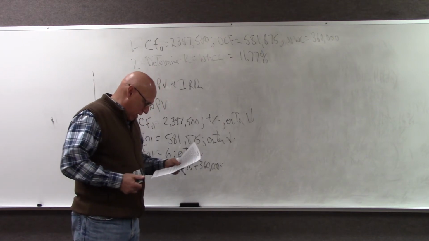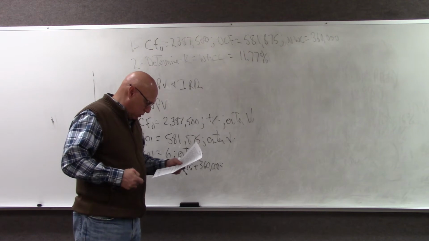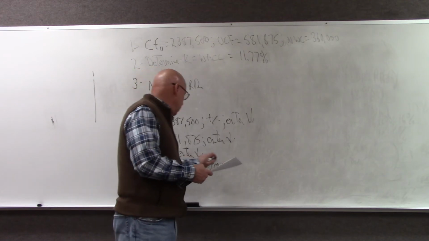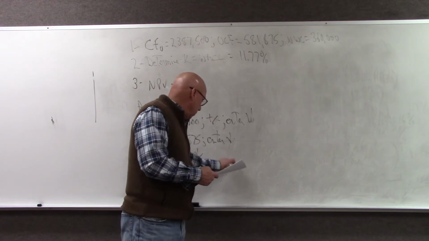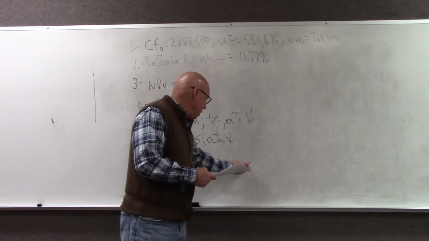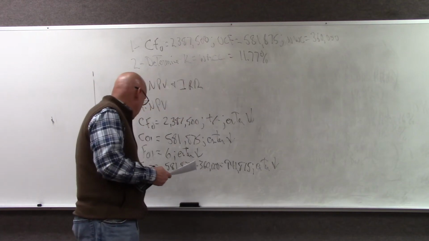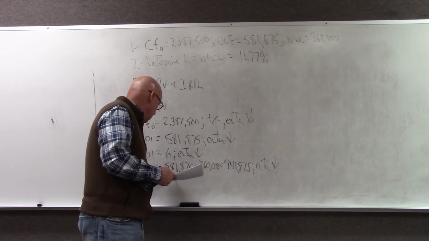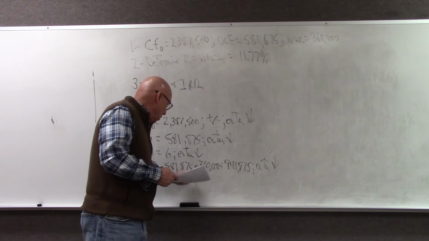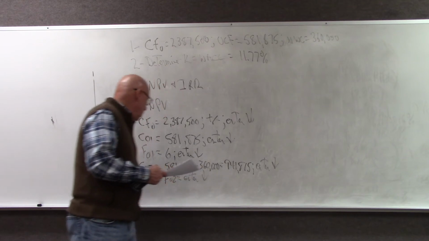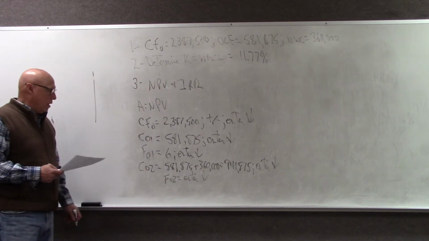So how much is that? That's 941,875. Enter, down arrow, and FO2, enter, and down arrow. Okay, so now we've entered all of our cash flows.